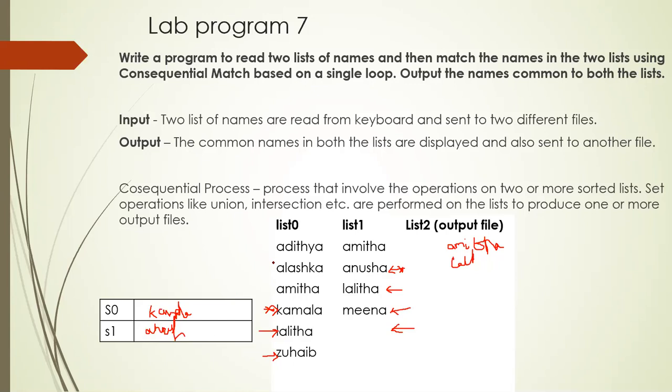Again compare, whichever is smaller, increment that. I'm just moving the pointer to the next line and reading that particular name. After reading, compare again; if it is the same, display it. Otherwise, whichever string is smaller, read the next string. Fine, so that is the process which happens.